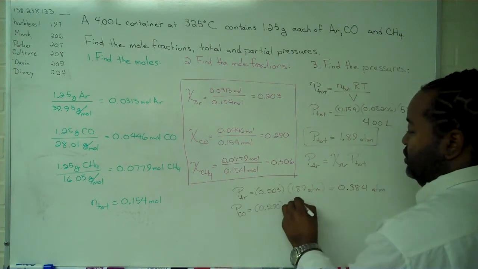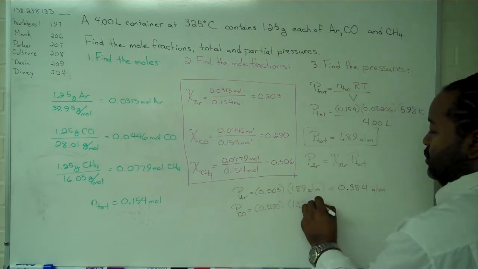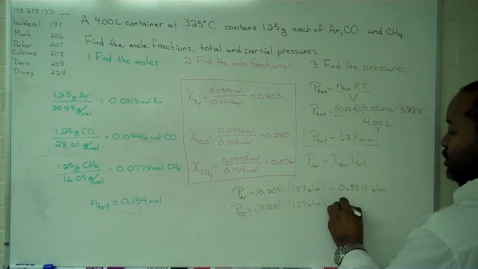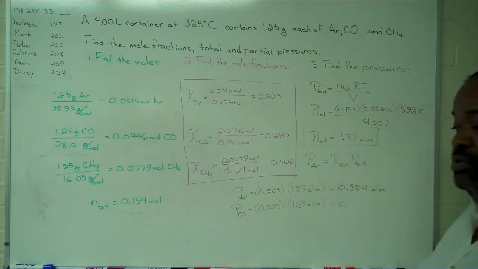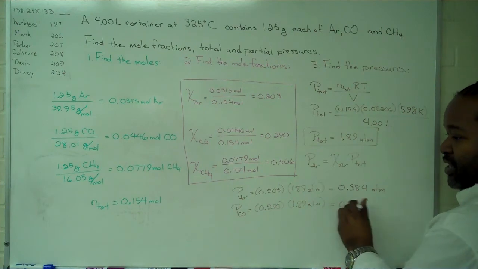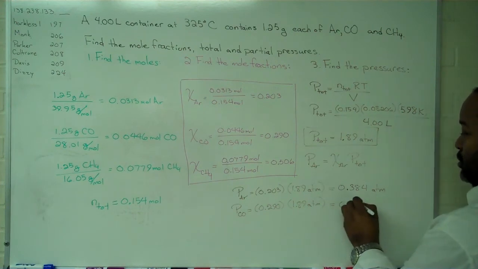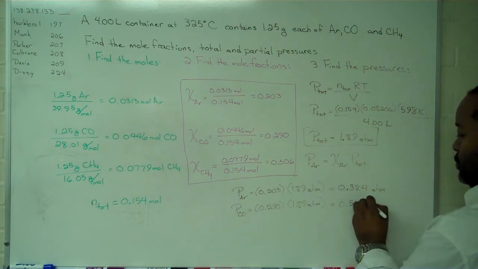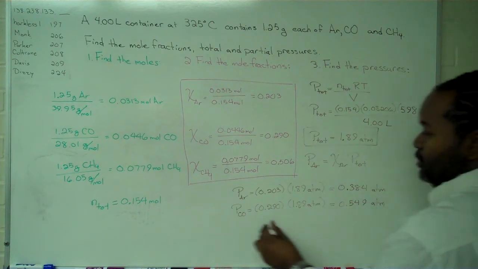The pressure for the carbon monoxide is 0.290, its mole fraction, times the total pressure. And the value we get for the partial pressure then is 0.548 atmospheres.